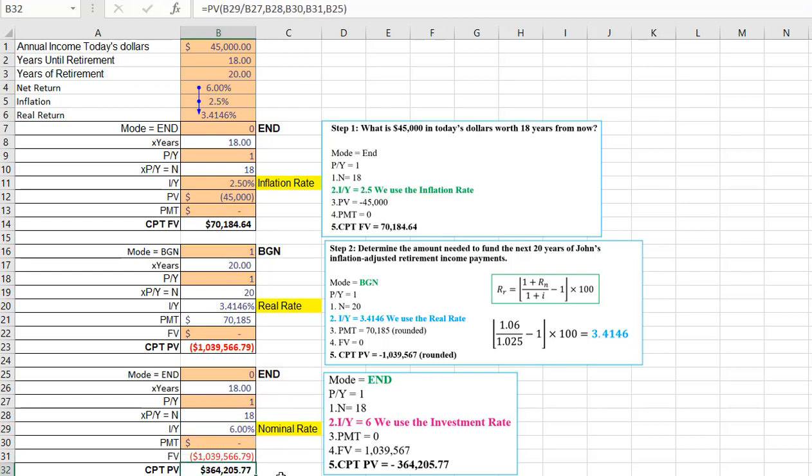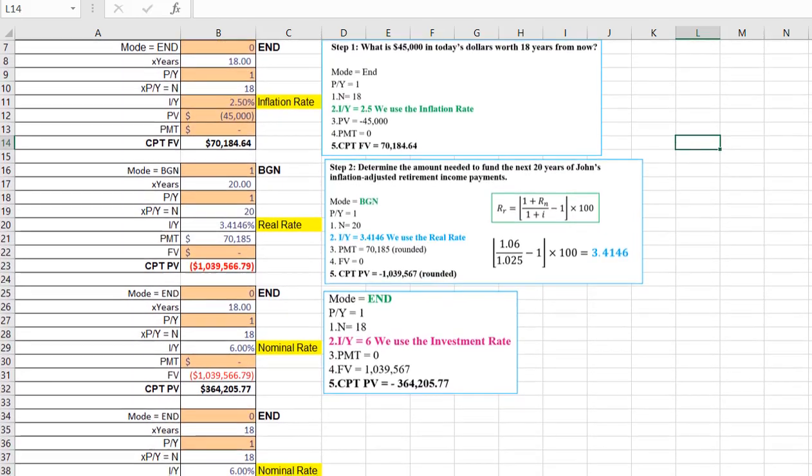So if we had $364,206 today, invested at 6%, at the end of 18 years, we'd have $1,039,567, and that would be enough to provide us with a retirement income for 20 years, starting at $70,185, increasing at the rate of inflation 2.5%, protecting our purchasing power, and having $0 at the end of 20 years.